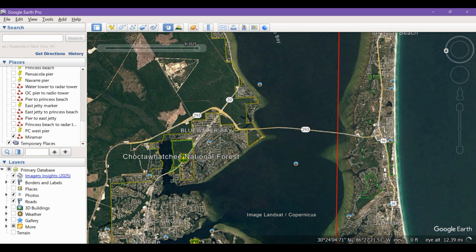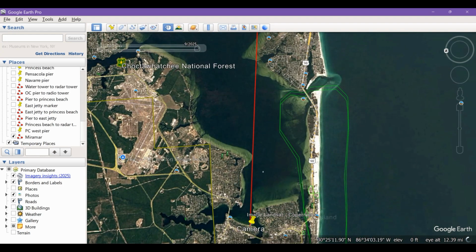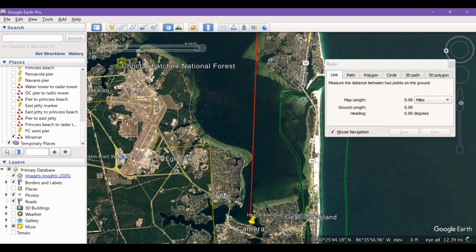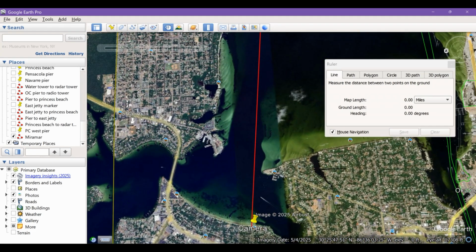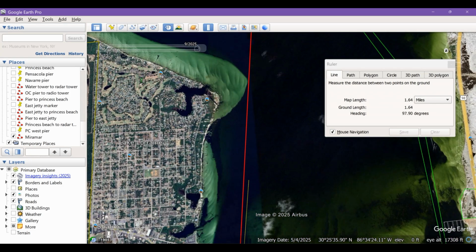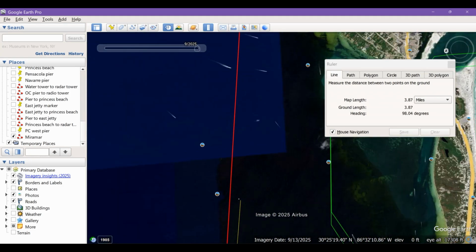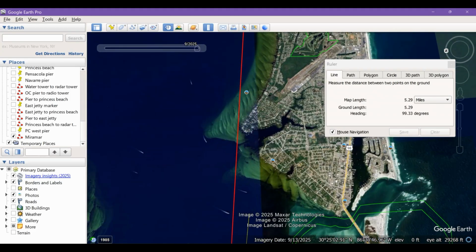All right, we'll go back to the map here. Like I said, here's where my camera was. I'm going to do the measure tool. I said that house, it's about 6 miles away, the house we were looking at.